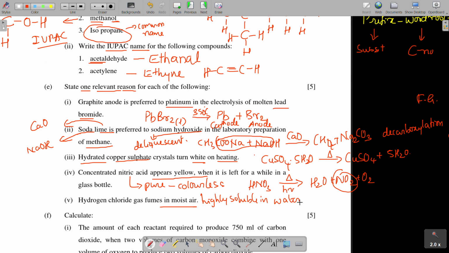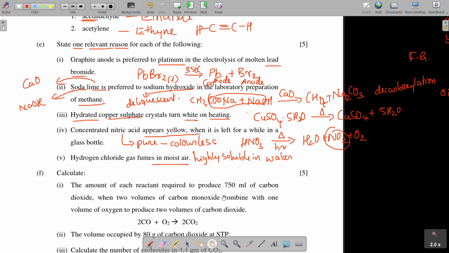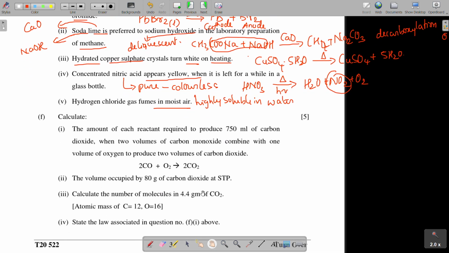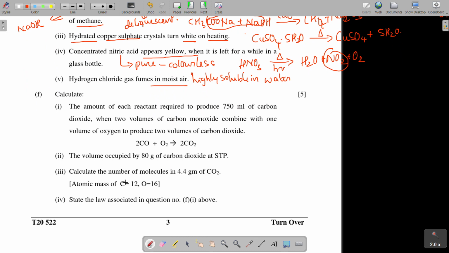Because of that, when it dissolves in the moisture, it forms fumes, which contain hydrochloric acid. Therefore it forms fumes in moist air because of its high solubility in water. Okay, next question, very interesting. Calculate.